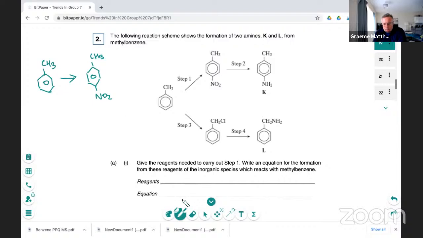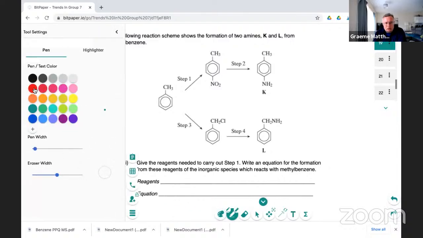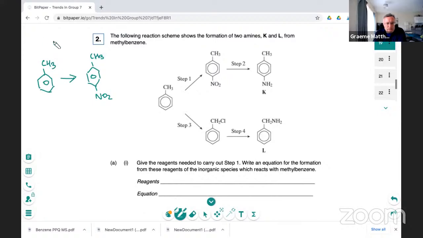So I've got methyl, right? Let's pick a color. This is Florida orange right here. And this one here, a slightly different shade of orange. So my methyl is an ortho para director, if I'm not mistaken.